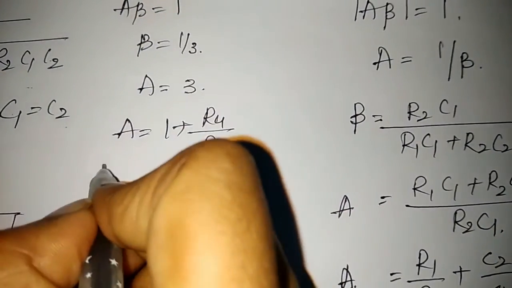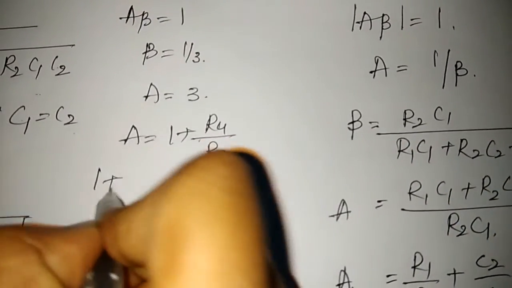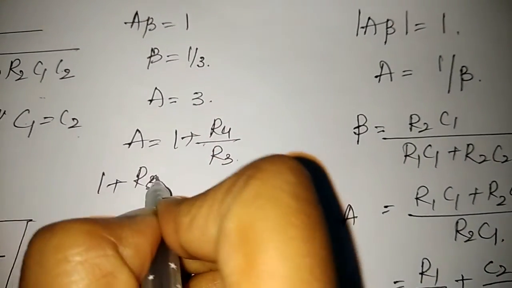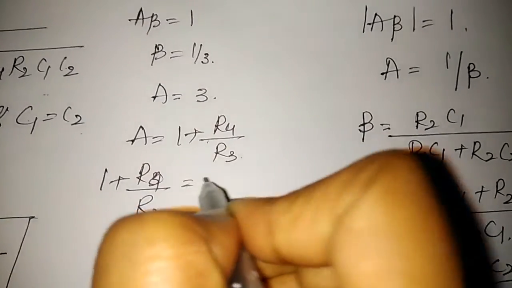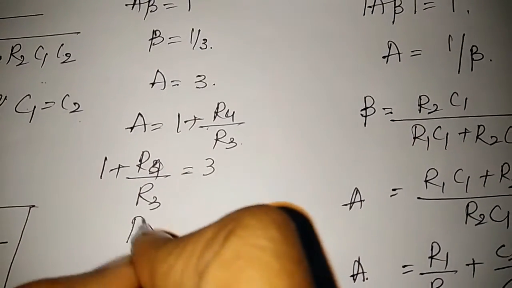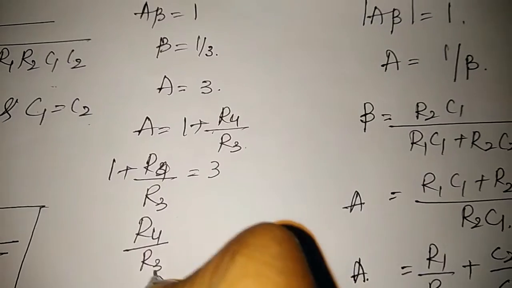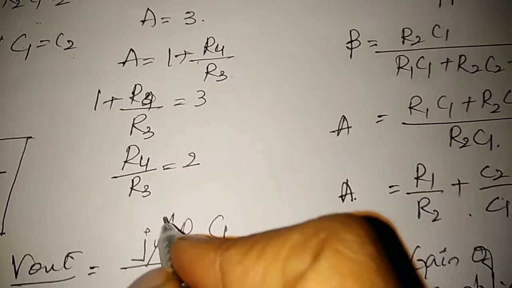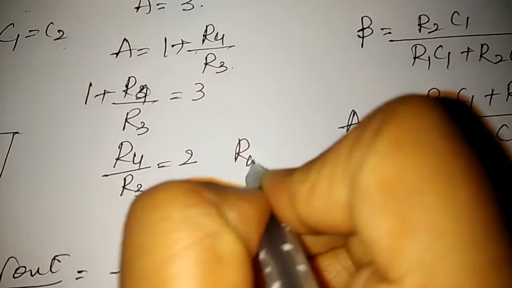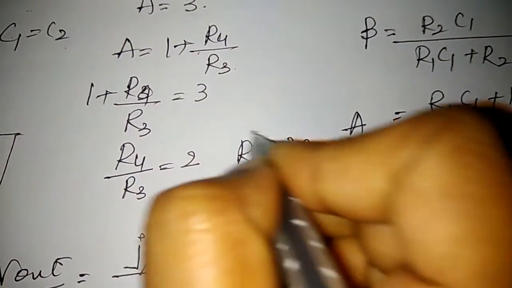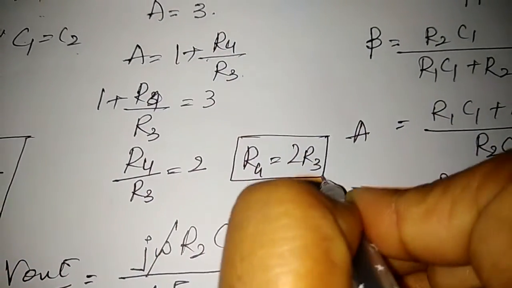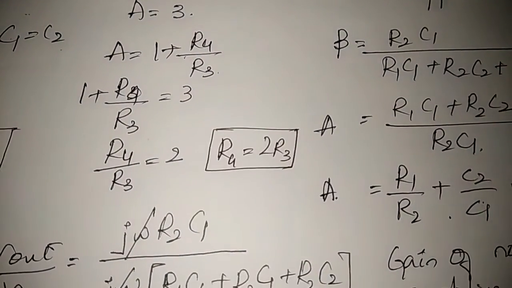So equate these two. 1 plus R4 by R3 is equal to 3. So you'll get R4 by R3 is equal to 2. So we'll get R4 is equal to 2R3. So this is the condition to design the non-inverting amplifier.